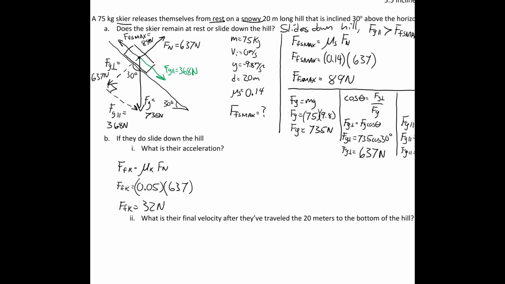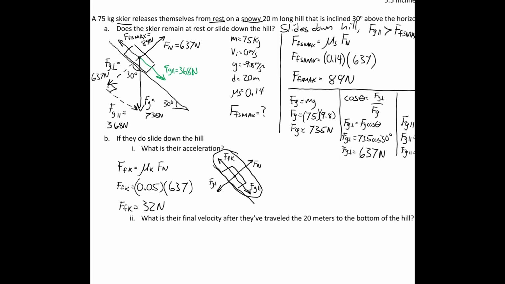Listen, if it makes it easier, you could redraw it quickly and only draw in Fg parallel and Fk, the kinetic friction. You also have Fn and Fg perpendicular. But when we find the net force, it's just between these two forces here.